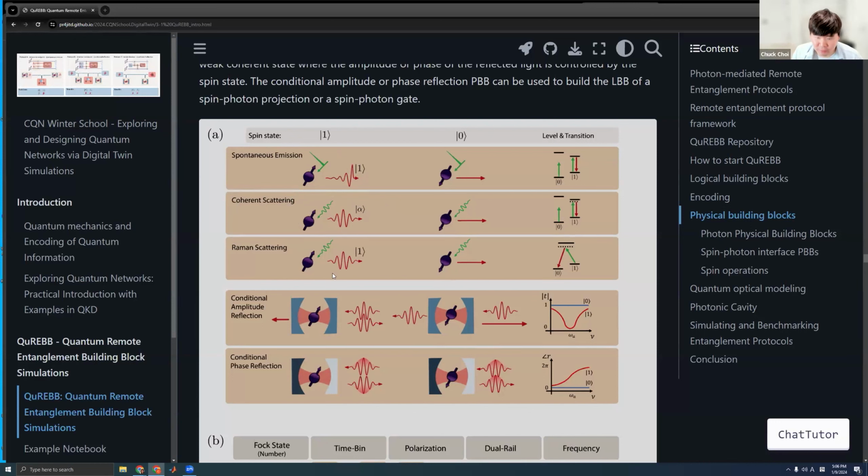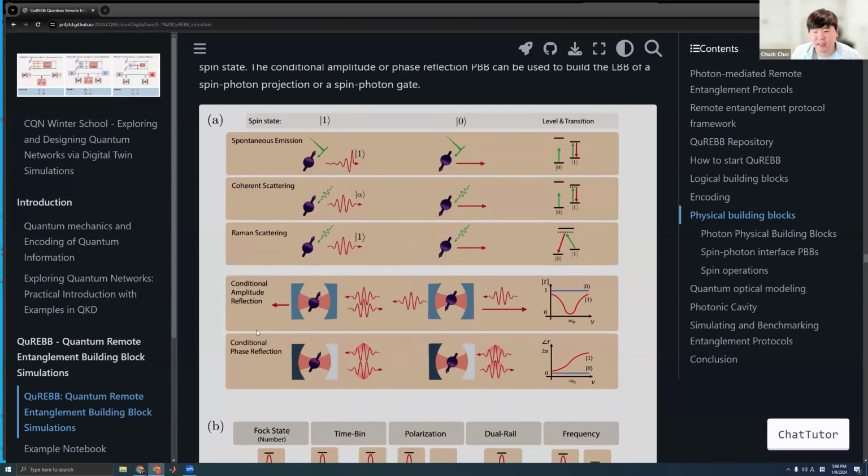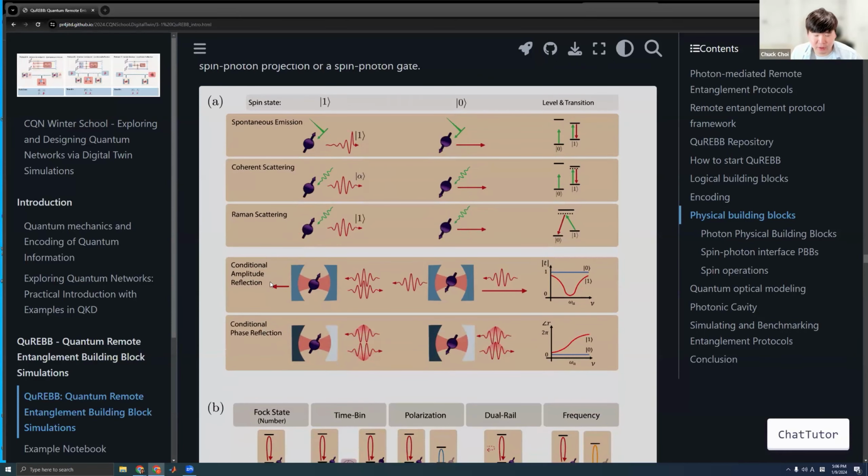We can also choose the Raman scattering, which is going to give a single photon state, but in a coherent waveform. If you're implementing the spin-photon gate or spin-photon projector, then we can choose the conditional amplitude reflection. So, for example, depending on the atom state, our photon can be reflected or transmitted.